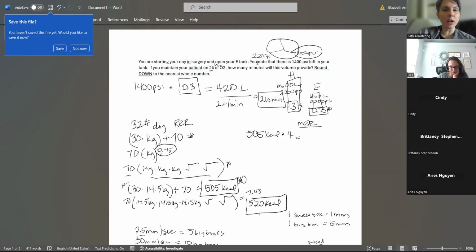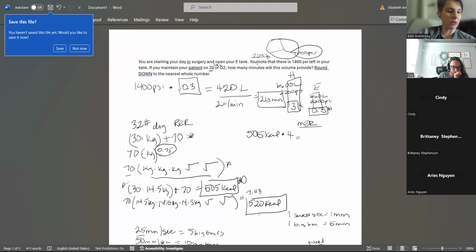That's where it's not great to use the back of the bag that just tells you by weight what to feed your dog, because every dog is going to be different. So that's where we have to do our calculations and help people through that. They're looking at the back of the bag as average dogs, and we don't have that many average dogs.